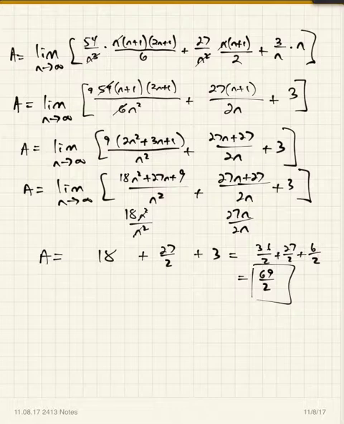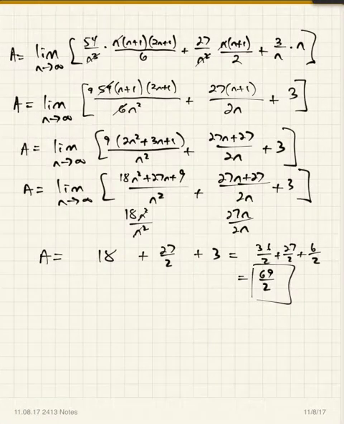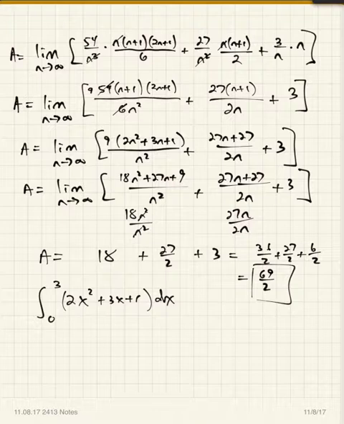And if we go back and look at this, remember that another notation for this limit of this sum is the definite integral. And so what we've just seen here is that the definite integral from 0 to 3 of 2x squared plus 3x plus 1 dx is equal to 69 over 2, right?